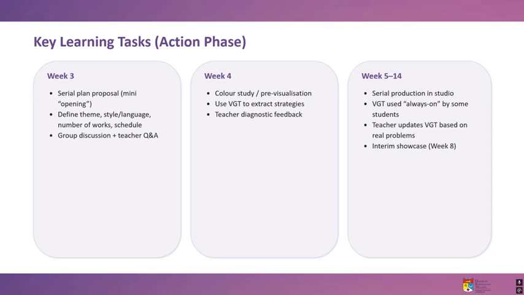They needed to state the number of works, the style language, the theme, and the schedule. We had group discussion, students shared, and I gave feedback and Q&A. This step helped them fix the direction before they started painting.